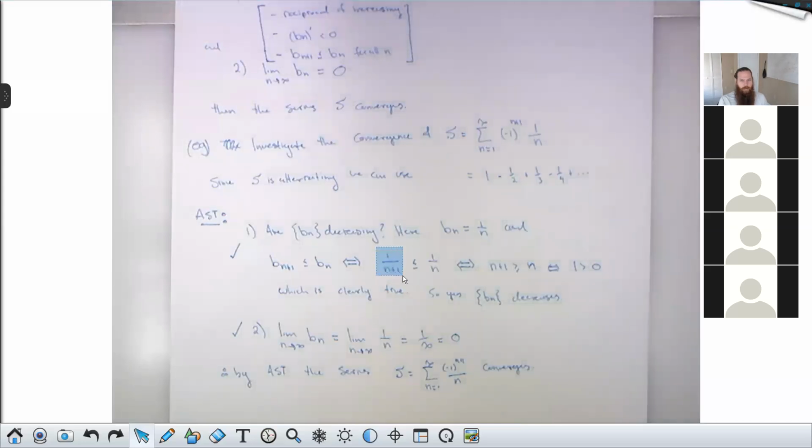So this is B sub n plus 1, and this is Bn. So I'm just plugging in, what is this, and what is this? The thing on the right there, Bn, I know is just 1 over n. And the thing on the left here, B sub n plus 1, is what I get by swapping n for n plus 1 in this expression. So B sub n plus 1 is this, and Bn is this.